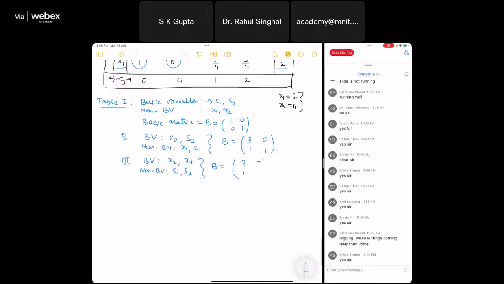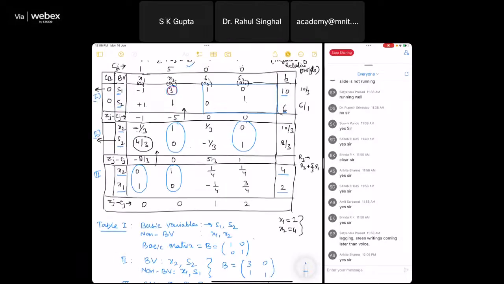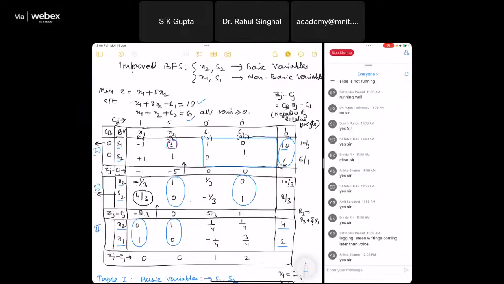Now let us try to analyze some other properties of this table. What are other properties of this table? Let us try to see. What do this 10 and 6 represent here? If you see the graph of this problem, at 10 comma 6, when s1 is 10 and s2 is 6, what are the values of x1 and x2? 0, right?